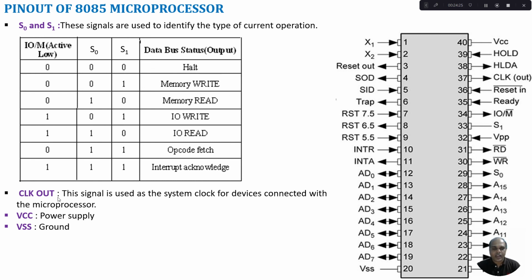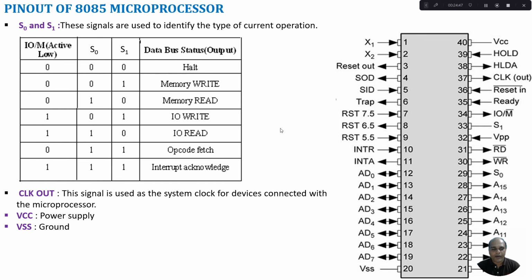Then we also have the clock out signal. Pin number 37 is your clock out signal. A microprocessor can be used to generate a clock signal, and this clock signal can drive other peripheral devices connected to the CPU, so it can be used as a system clock for devices connected with the microprocessor.